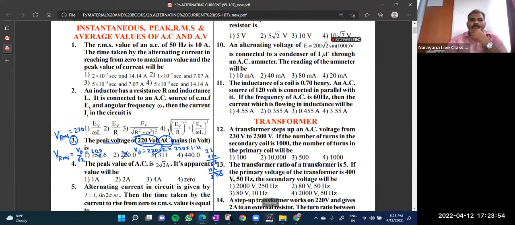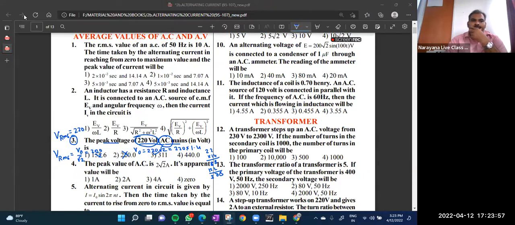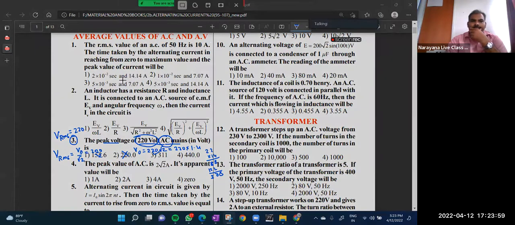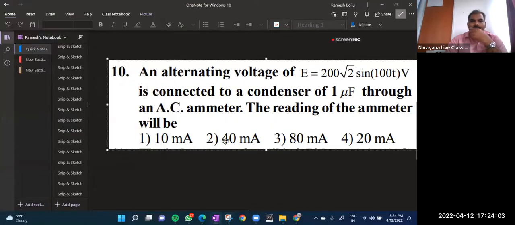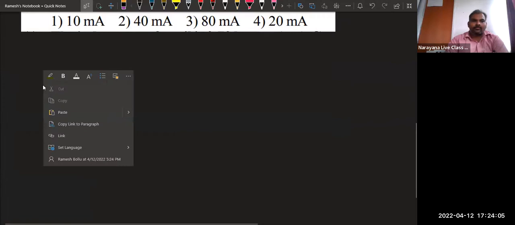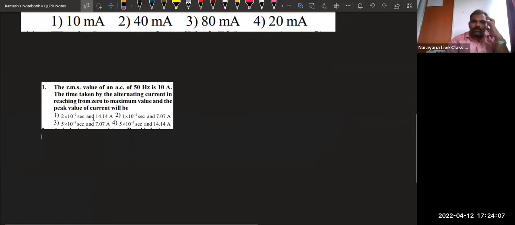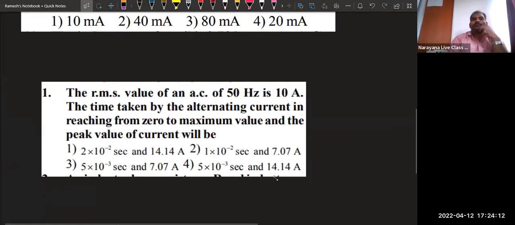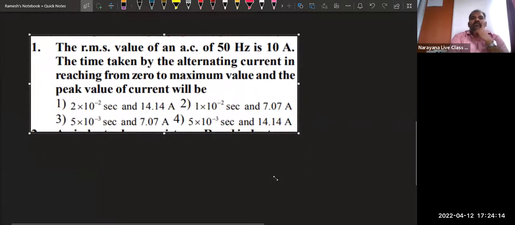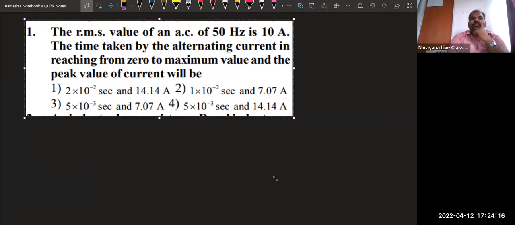Try question number 1. Everyone, please try question number 1. The RMS value of an alternating current of frequency 50 hertz is 10 ampere.